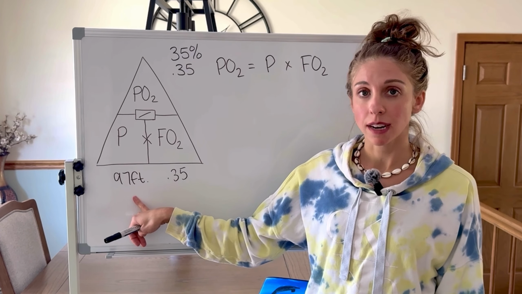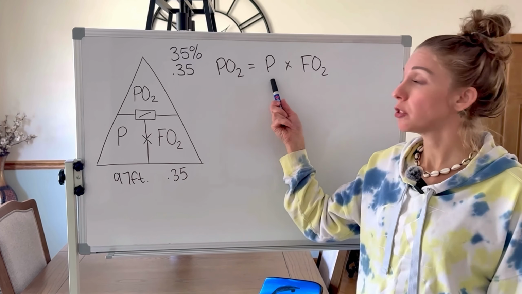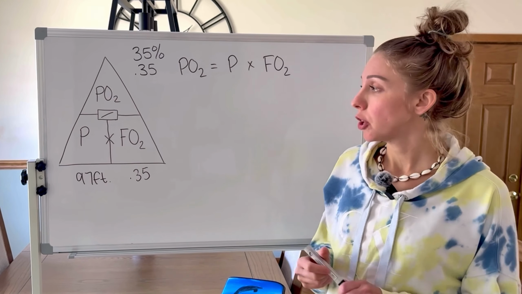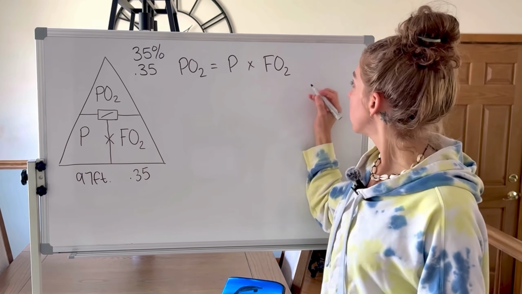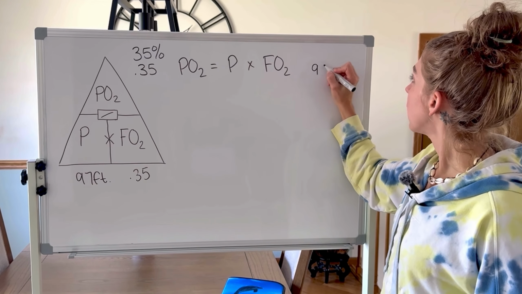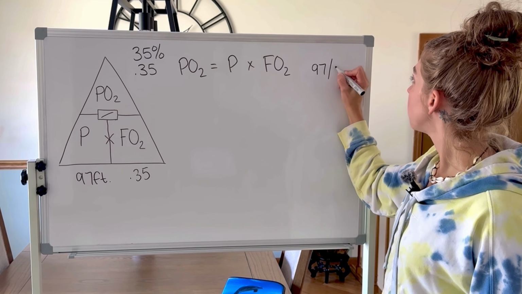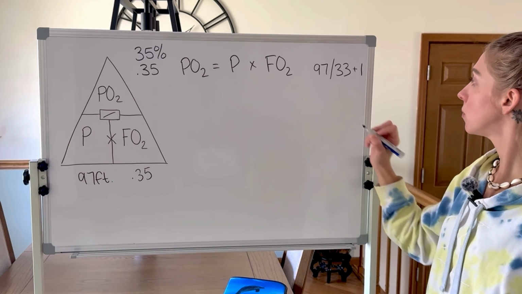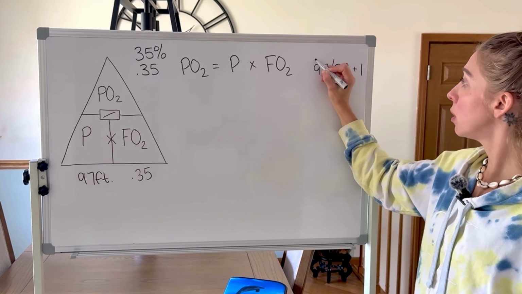Our depth right here, 97, is in feet. We need it to be converted to atmospheric pressure, ambient pressure. To do that, you're going to take the feet, 97 divided by 33 plus 1. And this is where we add in the plus 1 here.